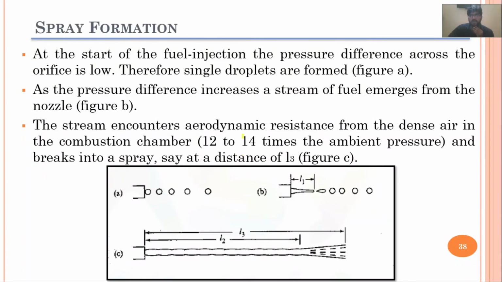Okay, and next we have the spray formation topic, and I'm going to explain these figures.